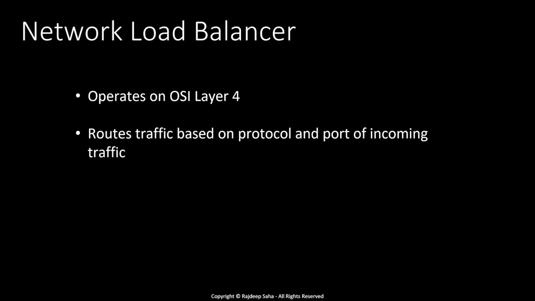So note that network load balancer cannot distribute traffic to different backends based on the URL, because URL path is an application layer property.